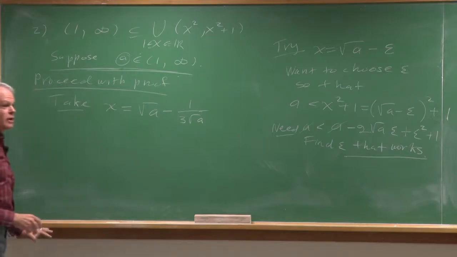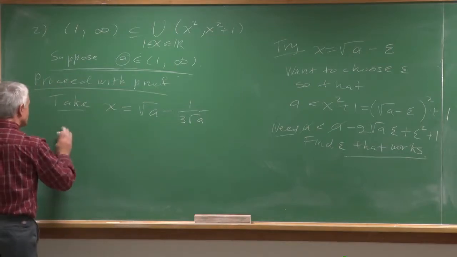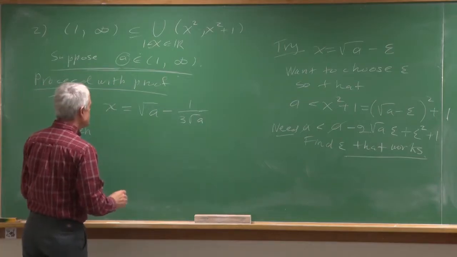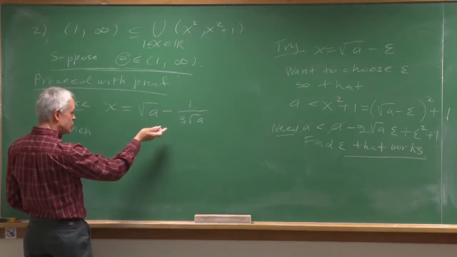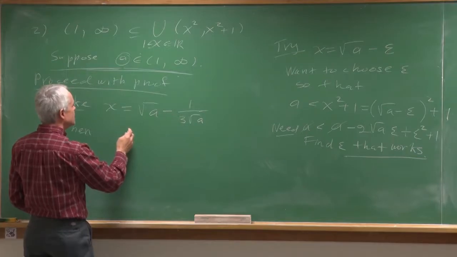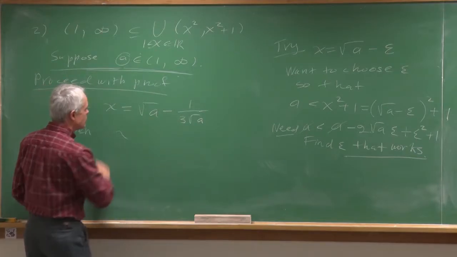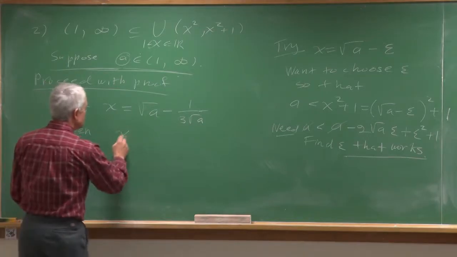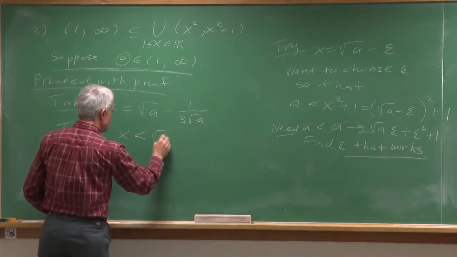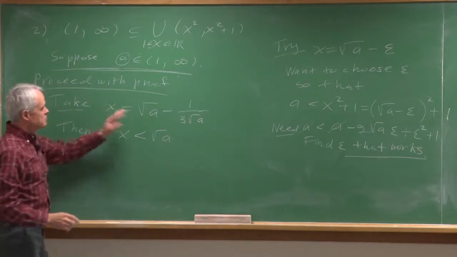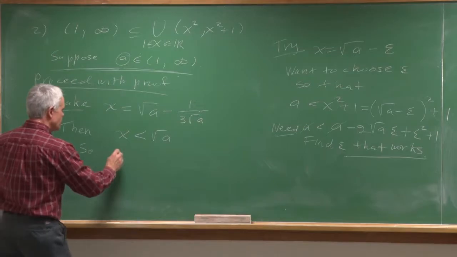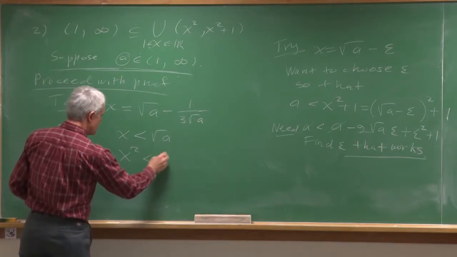And now let's check. Then, first of all, part of the reason we did this was that x would be less than the square root of a, okay, because we subtracted off that. So x squared is less than a.